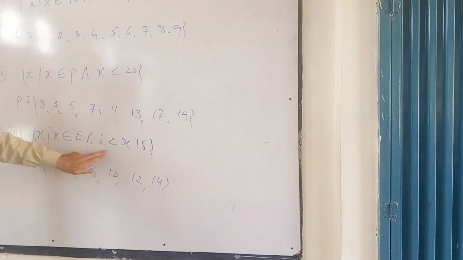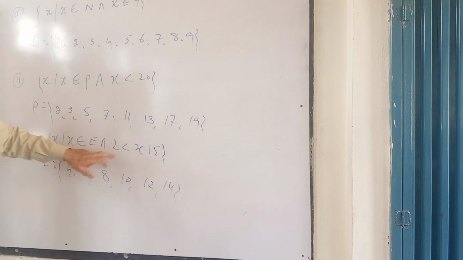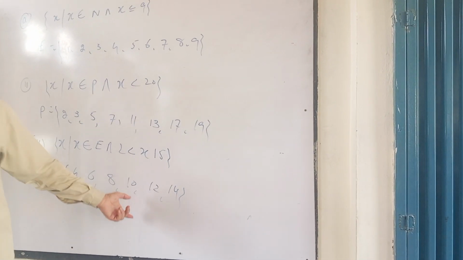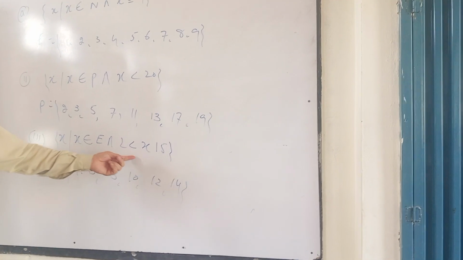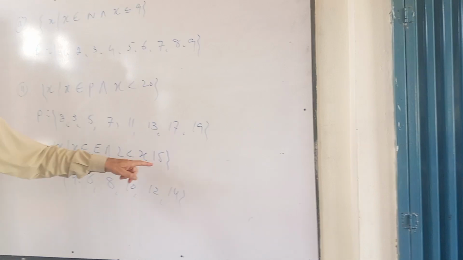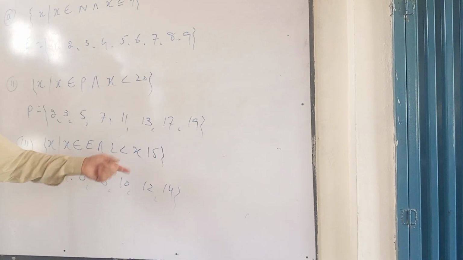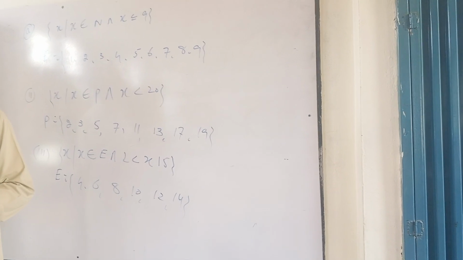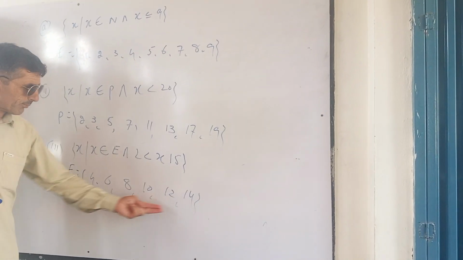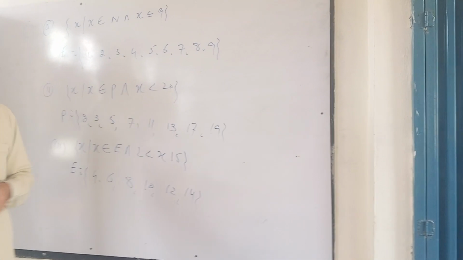And here you have to understand this statement, how I can write the set. So here it has been stated that 2 is smaller than x. It means that x is greater than 2. X is greater than 2 and smaller than 15. So we have to write these numbers according to the statement.